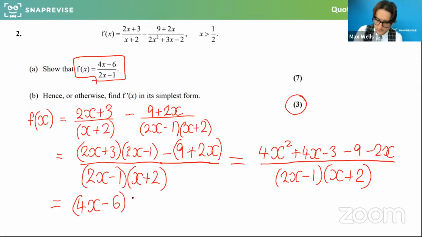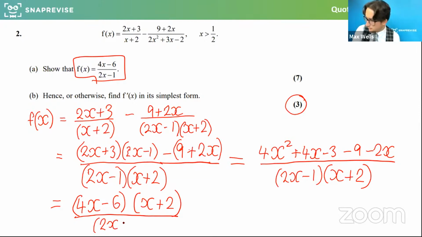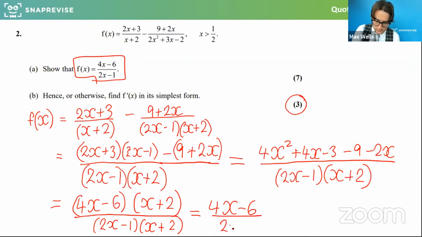So 4x minus 6 over x plus 2 is what that would refactorize back up as, because that becomes 4x squared plus 2x minus 12, which refactorizes as this. And I appreciate I'm going through this bit quite quickly, but I'm keen to get onto the quotient rule here. And that becomes 4x minus 6 over 2x minus 1, which is what we wanted.